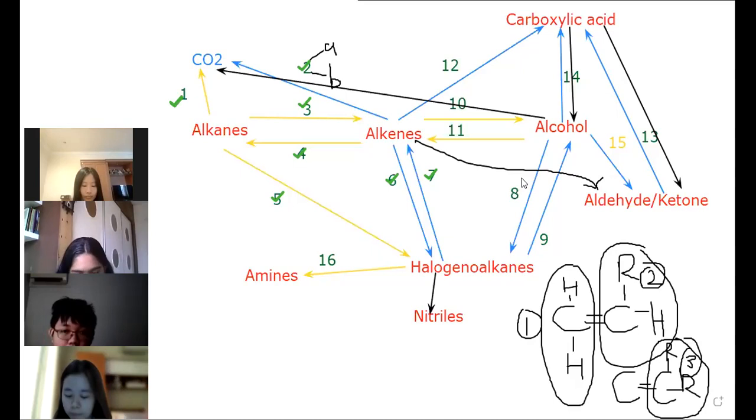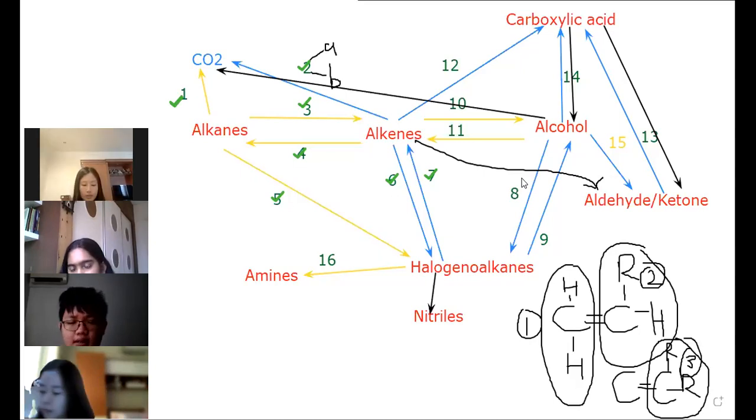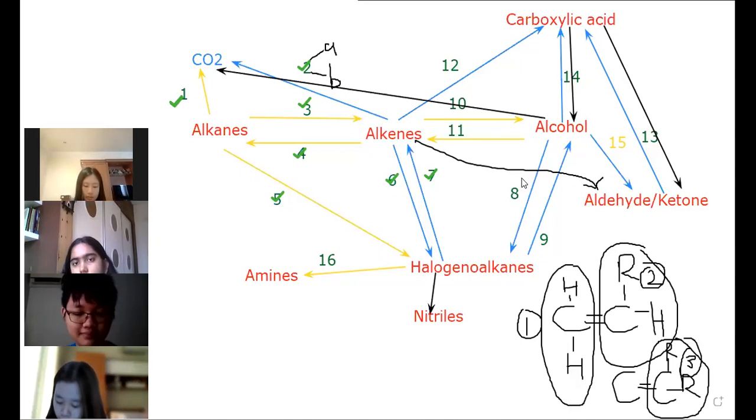Nathan V, what is the reagent and catalyst for alcohol become halogenoalkanes? You can refer to the PPT that we had last week.